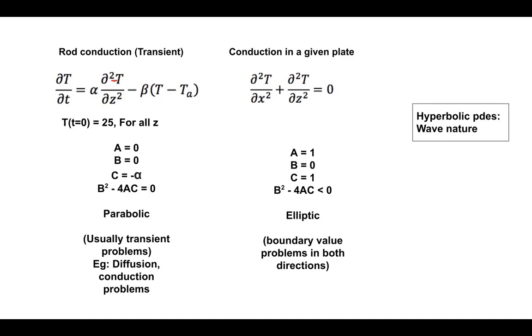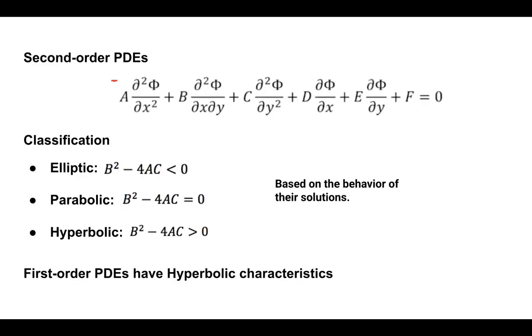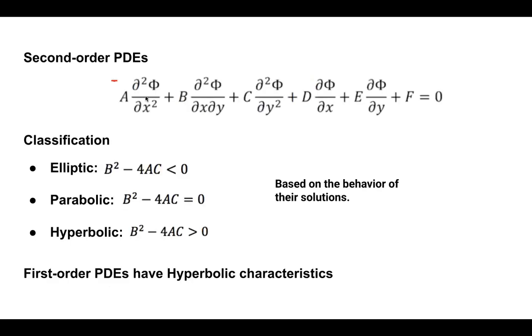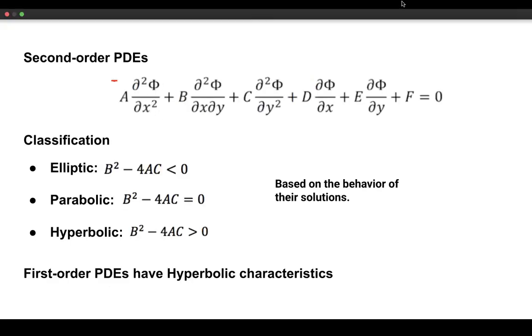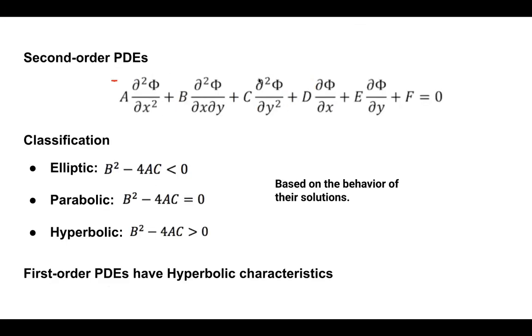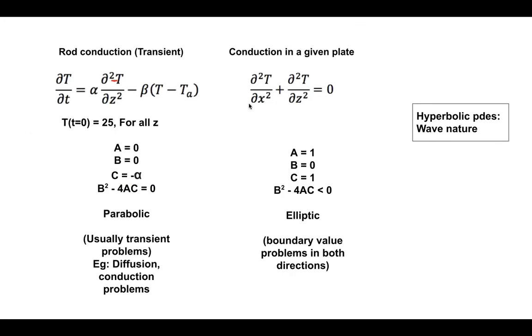This x could be y or z, that you can vary. So either I consider this term, dou square T by dou z square, falls here, or it is equivalent to this parameter. Either the coefficient could be A or the coefficient could be C. You can replace it there or here.